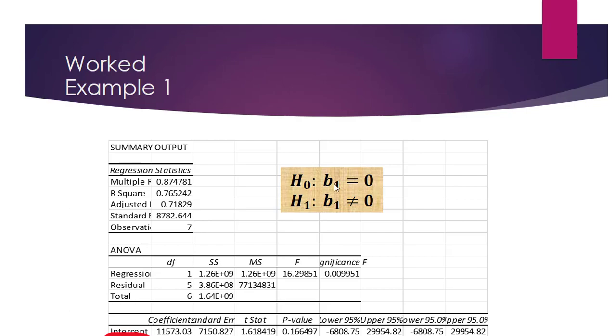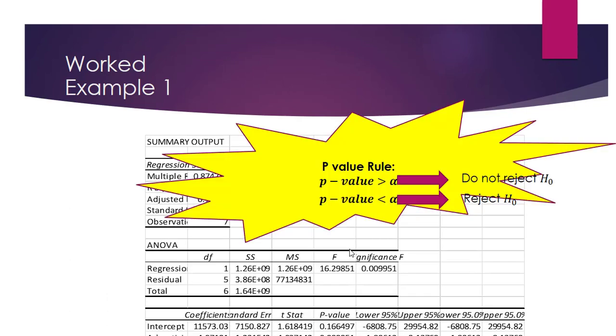That is, whether there is a relationship between X and Y in the population. Now, don't worry, all the hard work in solving this hypothesis test has been done for you by Excel. All we have to do is look at the corresponding p-value. Now recall from your hypothesis testing lectures in Chapter 2.